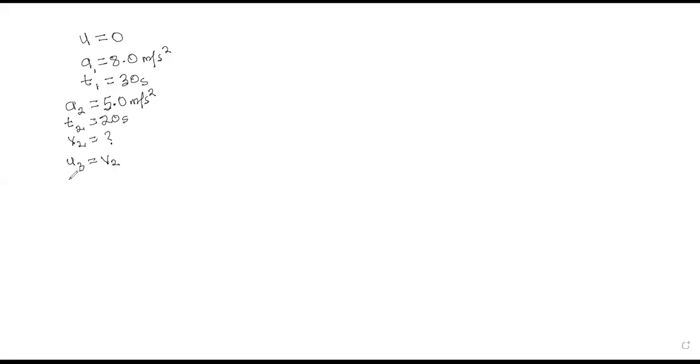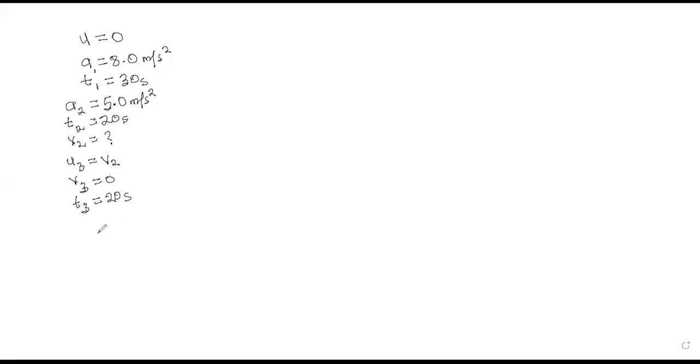And the final velocity during the third part of the motion is equal to 0, it is brought to rest, but for 20 seconds, so T3 equals 20 seconds. All right, so we have to draw the velocity time graph for the motion.